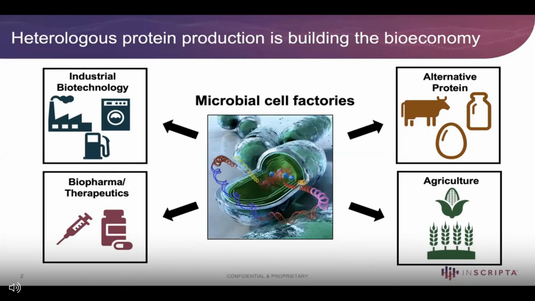As you are all probably aware, heterologous protein production is forming the cornerstone of the entire building of a bio-based economy. And we see this happening throughout a number of different areas within society that are being completely transformed over the modern era with the capabilities that come along with DNA synthesis and rapid, cost-effective DNA sequencing.